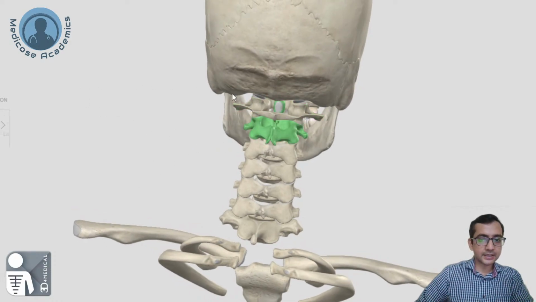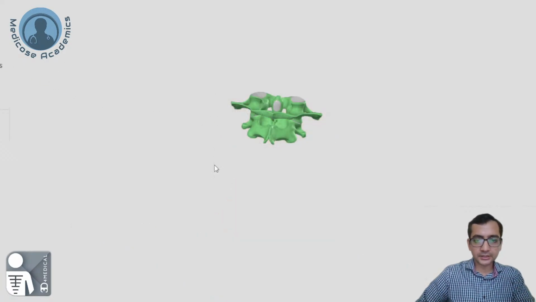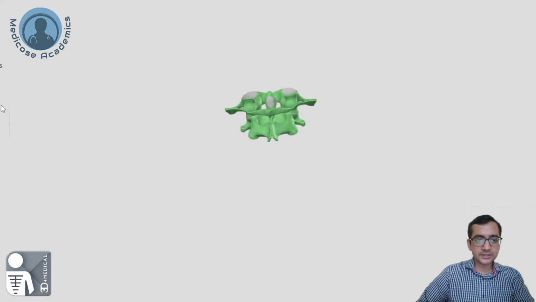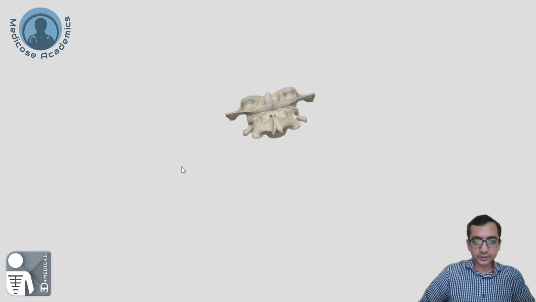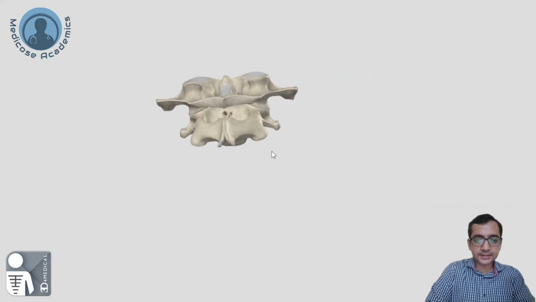That is the atlas, that is the axis. Let us select these and remove the others, and you can see their relation here. You just saw the atlas and the axis.